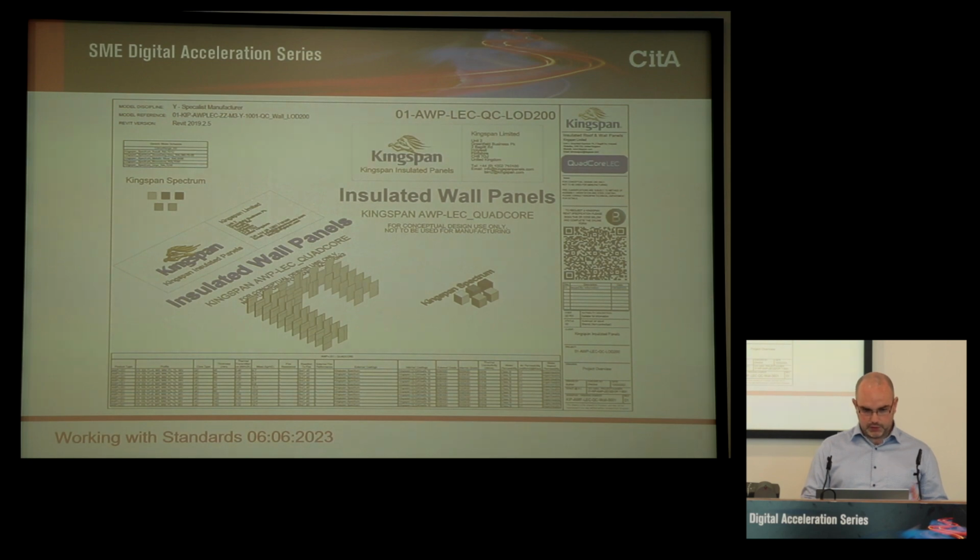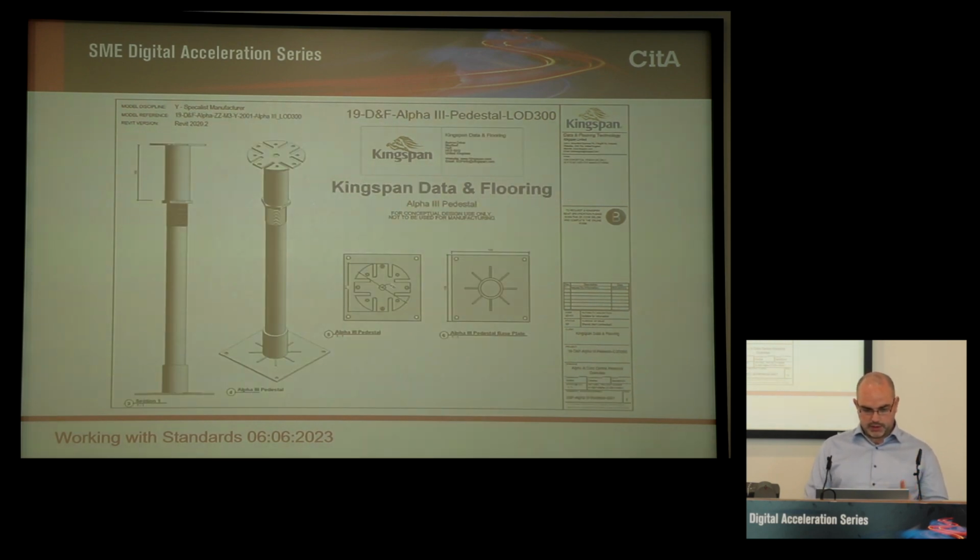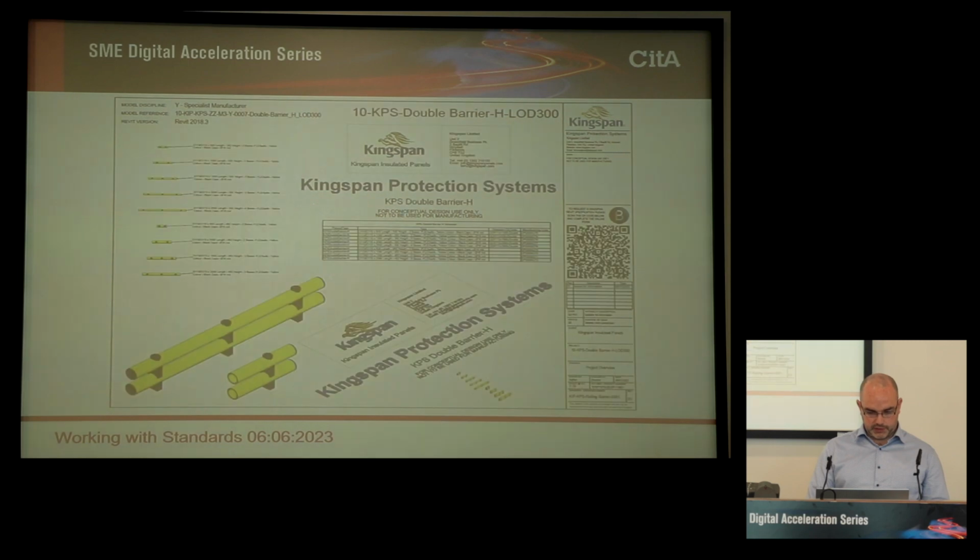And then, that's one example that I've shown you, taking you through that AWP. But if we start to look at this across the group now, you can see this is the AWP, but this is the lower body carbon version. And then if we look at the data on floor, now you can see it's a different division, but you can see how that follows the same template sheet layout, back to your standardization, your protection system, so everything is covered.